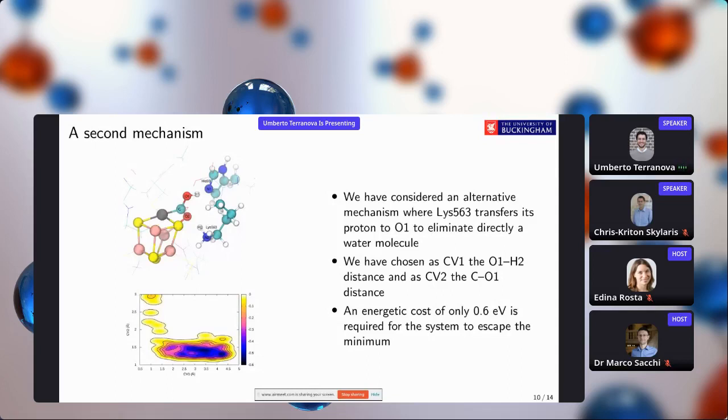So a direct transfer of a proton from the lysine to O1. And in this case, the energetic cost to eliminate the water molecule was only 0.6 eV, after which the system was able to escape the minimum you see from the figure on the bottom.